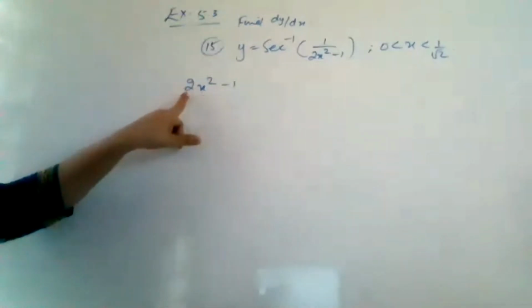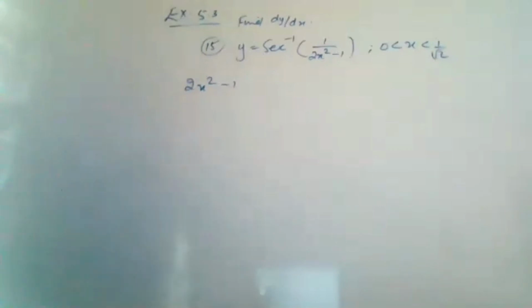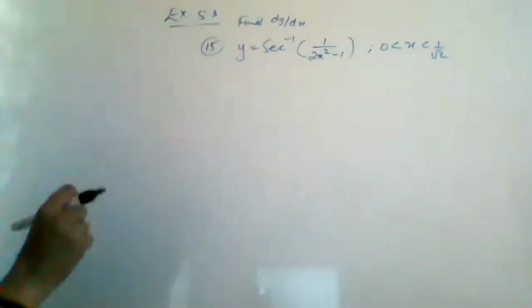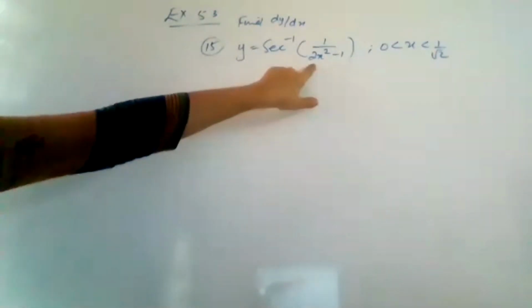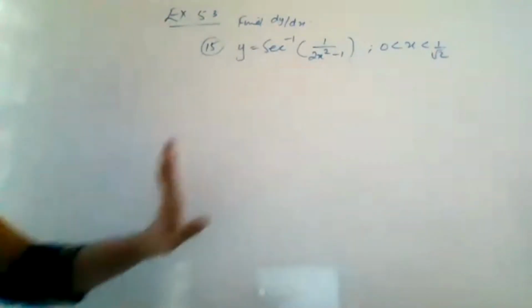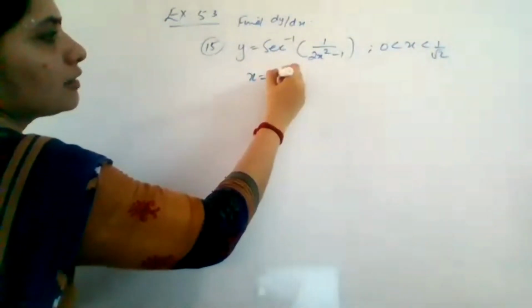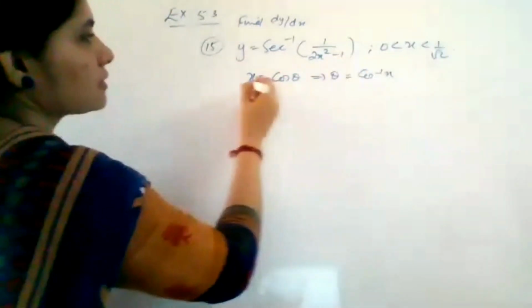If you are replacing with cos, you will get 2 cos square theta minus 1, for which you have a formula. 2 cos square theta minus 1 is what? You have studied many formulas for cos 2 theta, which is apt here. 2 cos square theta minus 1 is cos 2 theta. So we can just use x as cos theta. That gives you theta as cos inverse x.